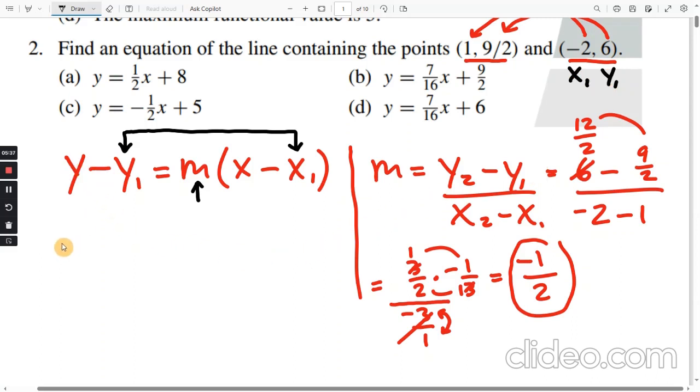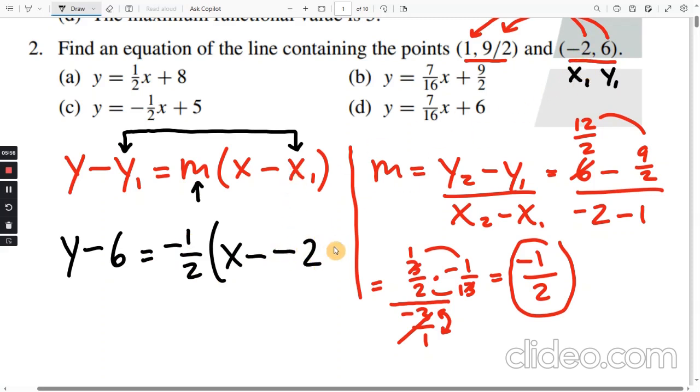So we have y minus, and y1 is positive 6, equals the slope m, negative 1/2, times (x minus x1, which is negative 2). So I plugged in the y1 and I plugged in the x1.